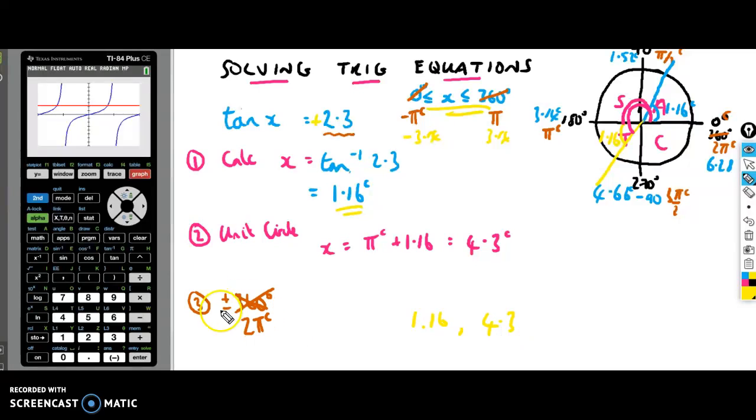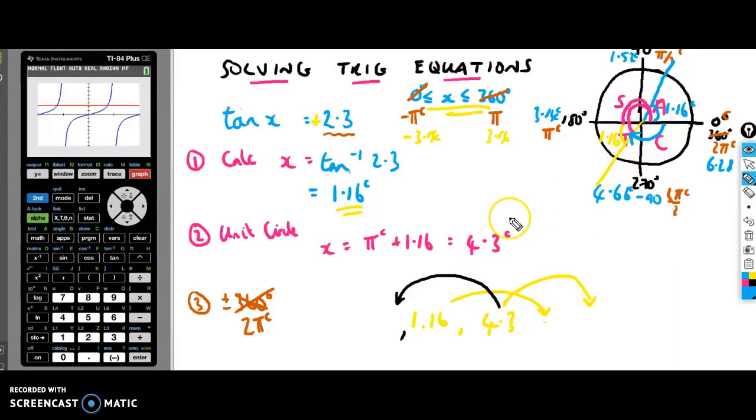And like we did before, when we plus or minus 360, we can do plus or minus 2 pi. Well, this answer, we're not going to move onwards because we don't need any more positive ones, but we do need one back. And the one back that we need would be this one here. The other way we could do it is to just take the circle back this way. And that's the same thing. So let's do it that way first, and I'll do it by the other calculation.